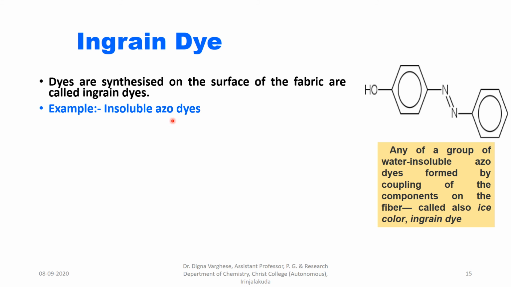Insoluble azo dyes means any compound containing groups like N double bond N, that is the azo group. It is a water insoluble azo dye formed by coupling of the components on the fiber, also called ice color or ingrain dye.